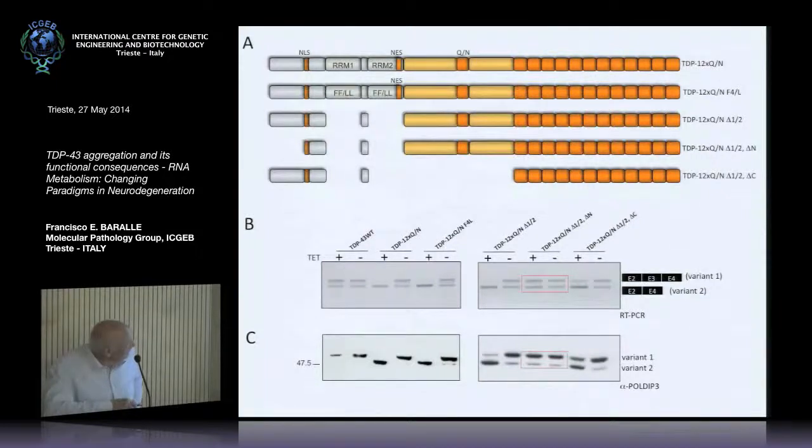But when you delete the amino terminus, all the RRMs, and a good bit of the C-terminal, as long as you leave the 12QN, this molecule does not produce aggregation, but this one does. So this bit seems to be critical.